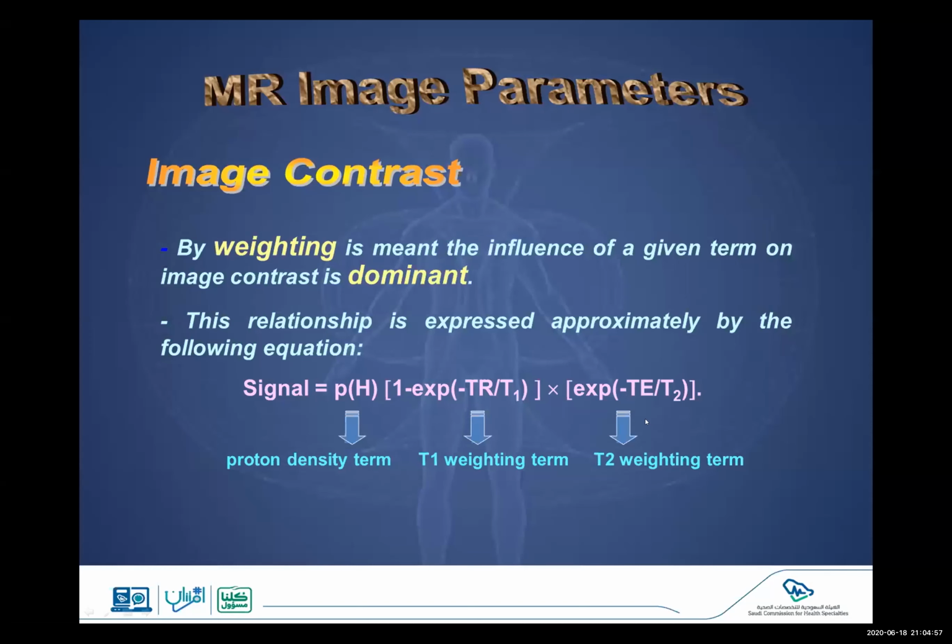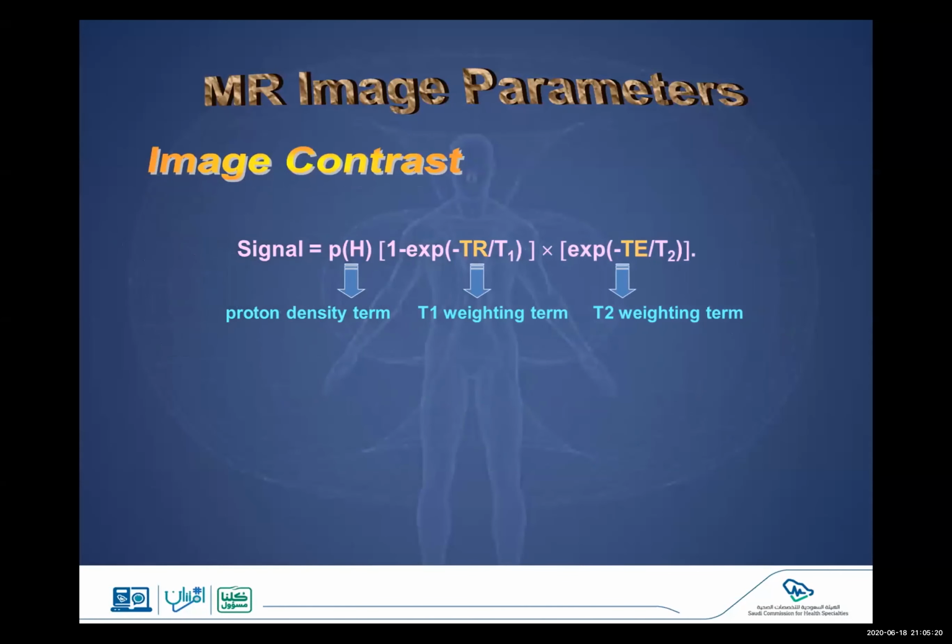Again, we have two parameters, one external and one internal. The internal one is T2, which again relates to the type of tissue: does it have a short T2 or a long T2? TE is the echo time, which is controlled by the operator. He can select a TE or TR that matches his desired image contrast.